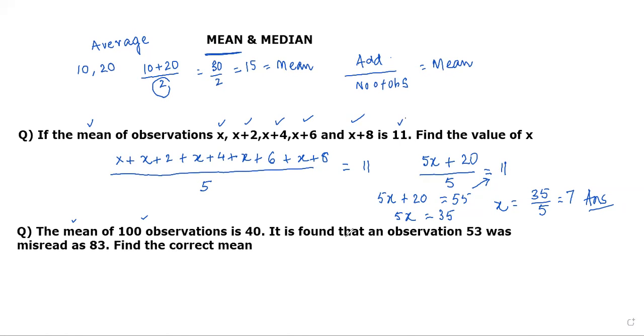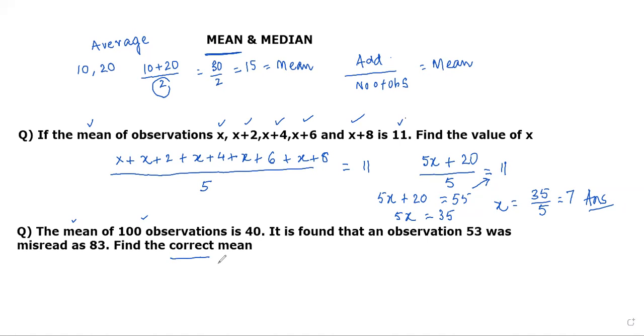So now this is an interesting question. There were 100 such numbers, and the mean of those 100 observations was 40. But unfortunately, instead of 53, somebody wrote 83. So definitely the mean will be wrong in calculation. So it's saying find the correct mean.